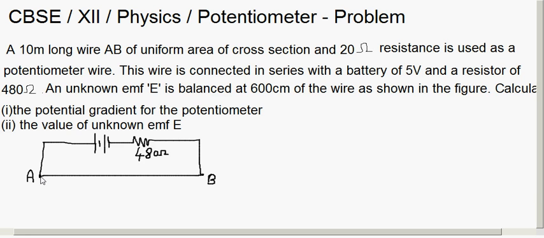And then we have an EMF connected whose value we need to determine through a galvanometer, and then we know this length is given, 600 centimeter. This is 5 volt.